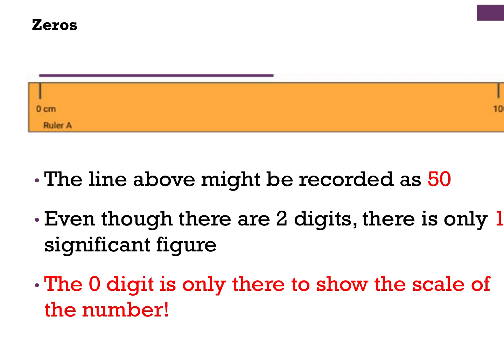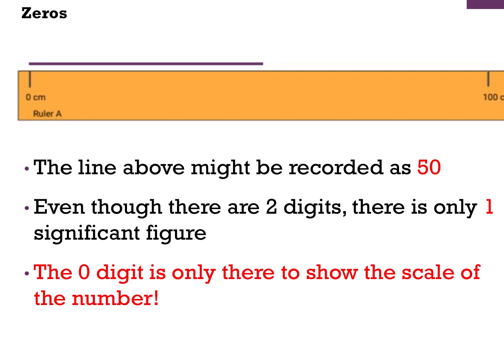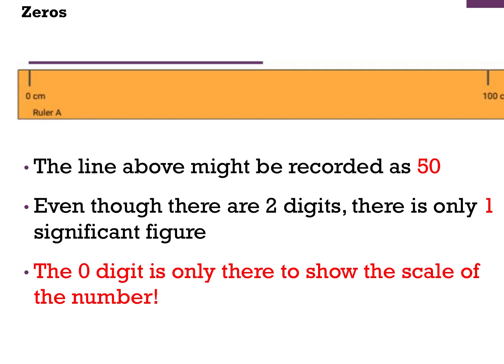Even though there's 2 digits in 50, there's only 1 significant figure. Without a decimal point, that 0 is not significant. And the reason for that is, are we positive it's at the 50, or are we just guessing? We're just guessing. We could be off, so it's just 1 significant figure.